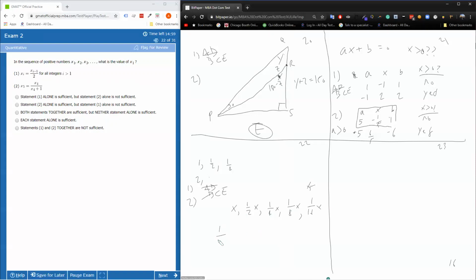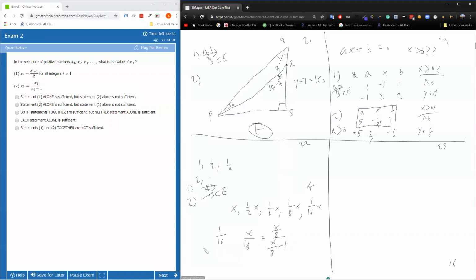So we're saying 1/16, so x over 16 is equal to x over 8 over x over 8 plus 1.